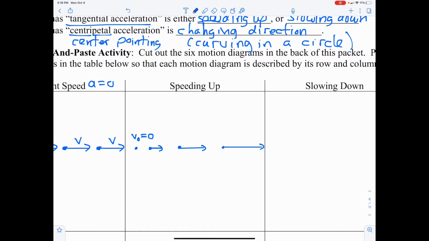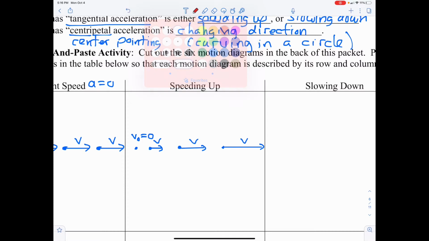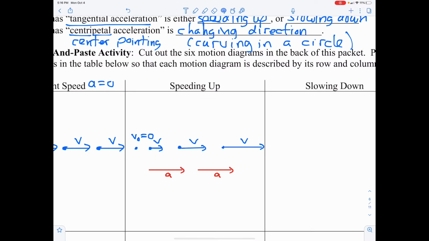And so as the velocity is increasing, right, the acceleration would point in that direction. Acceleration goes in the same direction as an object speeding up.